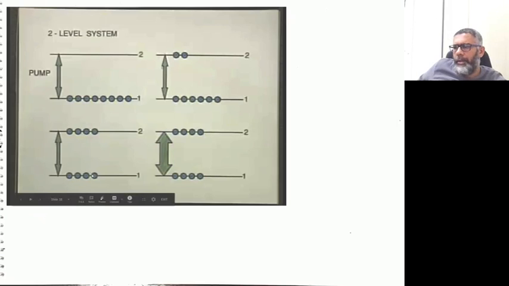They will emit, but this pumping process is continuous. So even if they drop, they will eventually go up to the higher level again. But the thing is that this pumping process will never create a population inversion. Even if you increase the pumping intensity, even if you increase the electrical energy more and more, you will never reach a number of atoms on the excited level larger than the number in the ground state. Why?